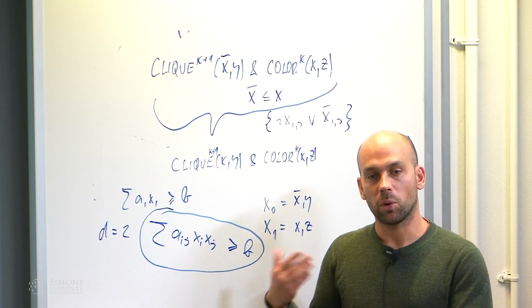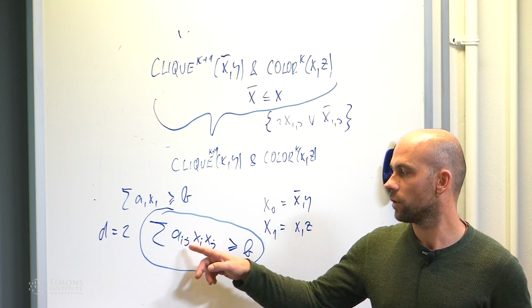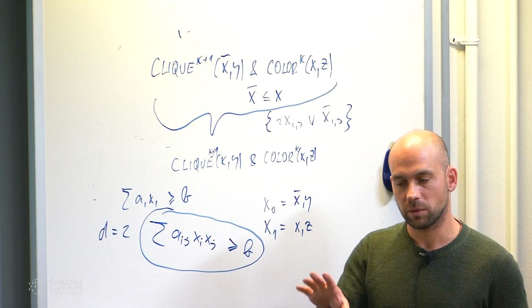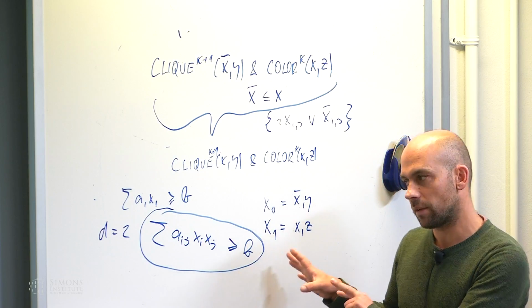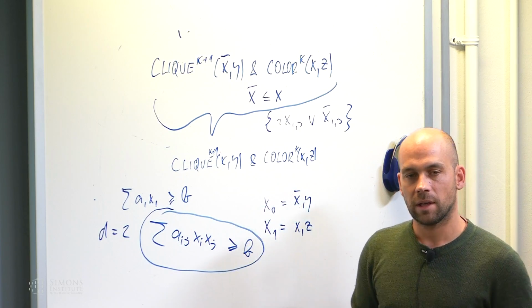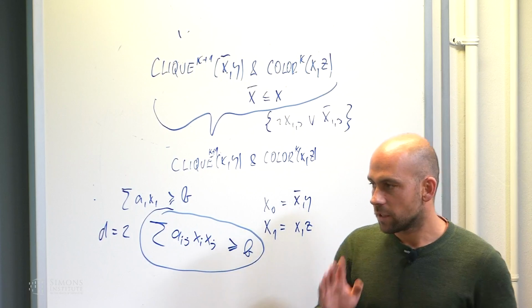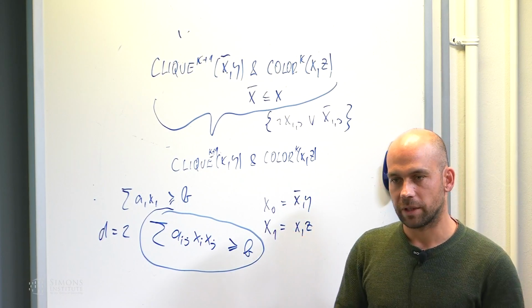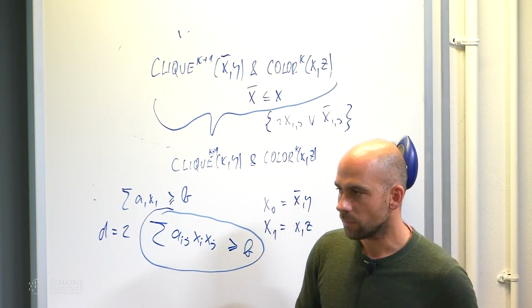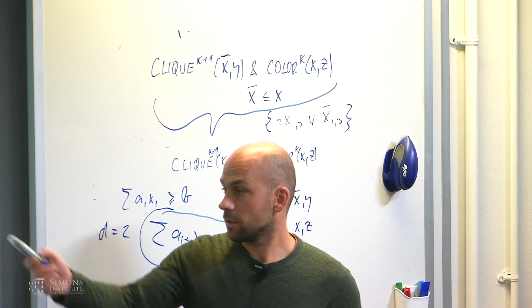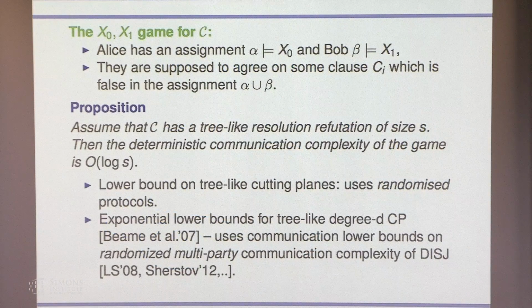But let's say if we were modest and just wanted to prove lower bounds for systems where the coefficients are small, it would be enough to take deterministic number on the forehead protocols. And the paper of Beame, Pitassi, and others reduces the lower bounds on this sort of system to multi-party communication complexity of disjointness.